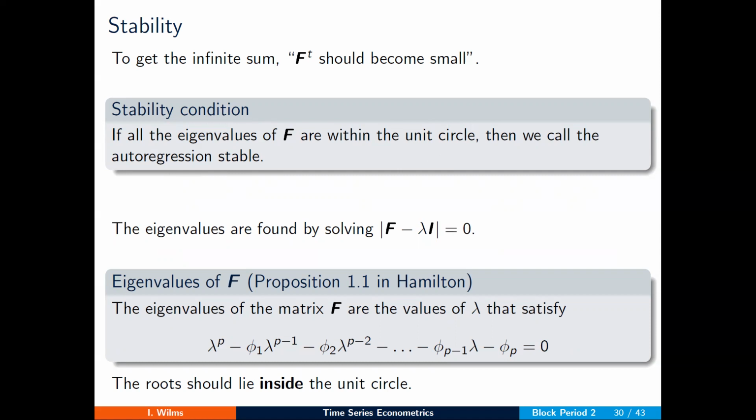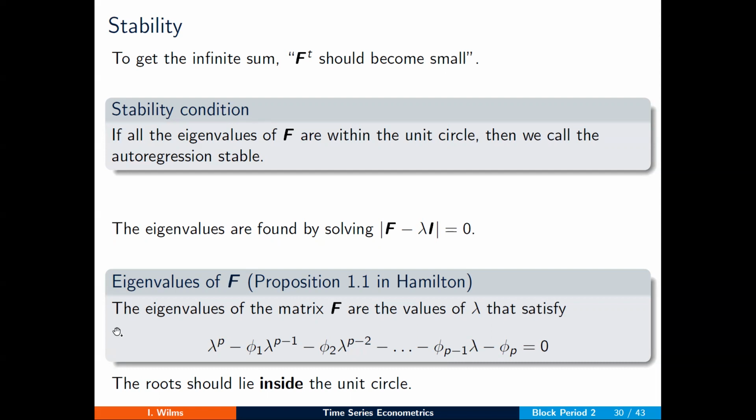Well, some of these eigenvalues can actually be complex. Now, how can you obtain the eigenvalues of a matrix? Well, by solving this equation given here on the slides. Don't worry, I will only ask you to compute this determinant over here for 2 by 2 matrices. So no need to worry for larger dimensions.